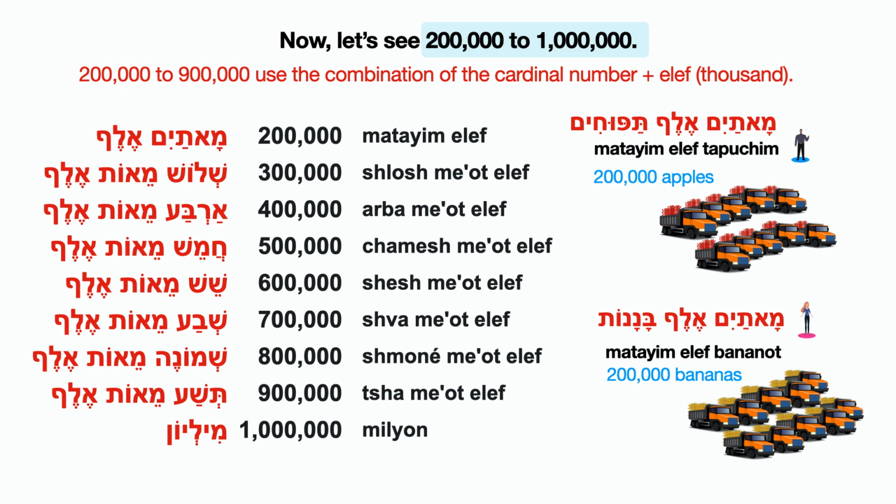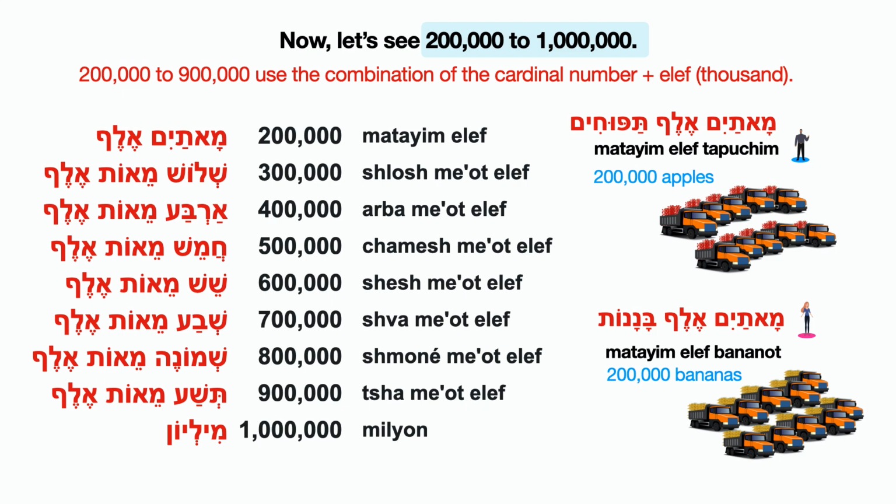Now let's apply some of those numbers to say 200,000 apples, that's 200,000 tapuchim. And to say 200,000 bananas, that's 200,000 bananot.